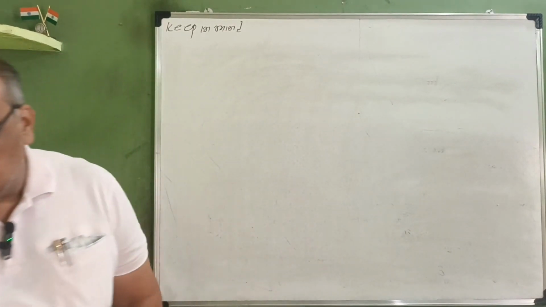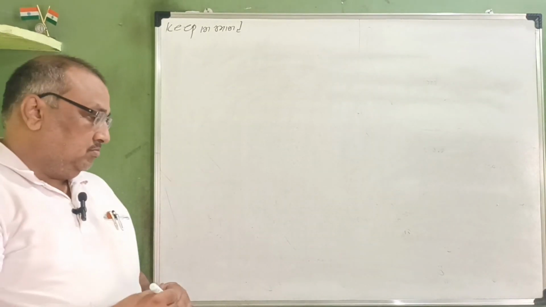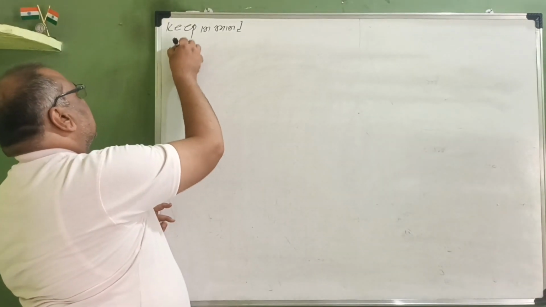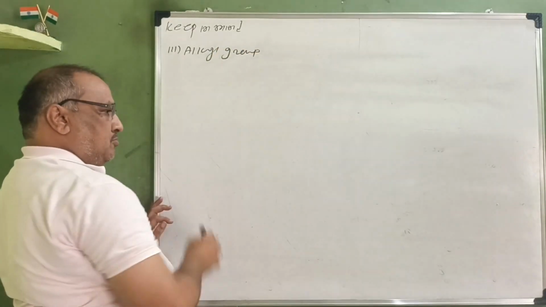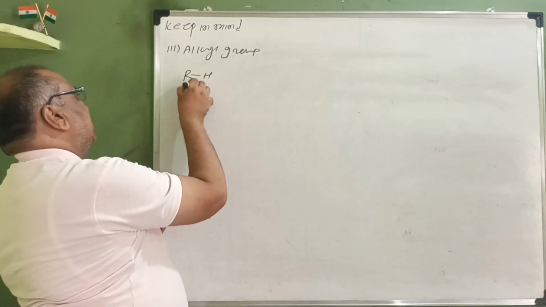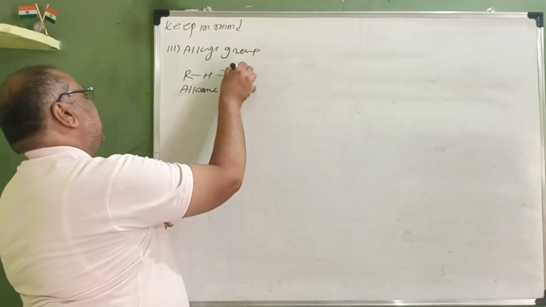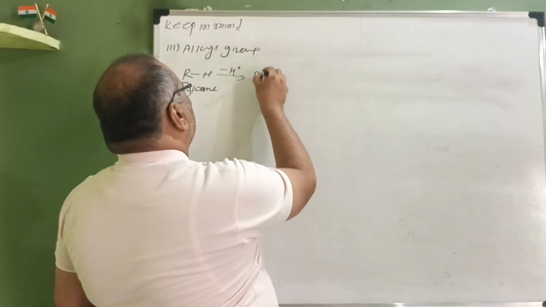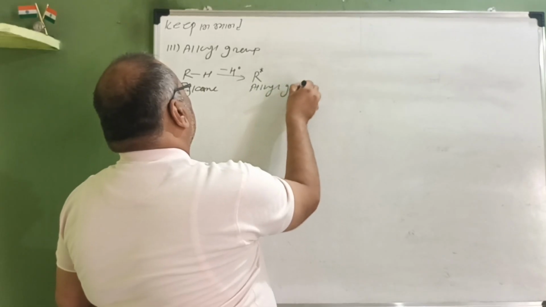Now here write down third. Alkyl group. Now let us consider alkane here. Remove one hydrogen atom from this alkane along with its electron. This is alkyl group.